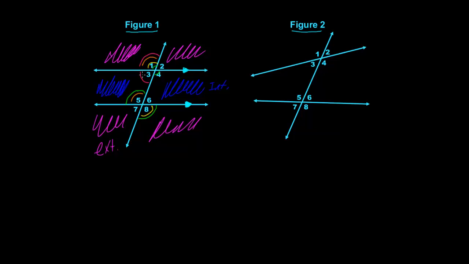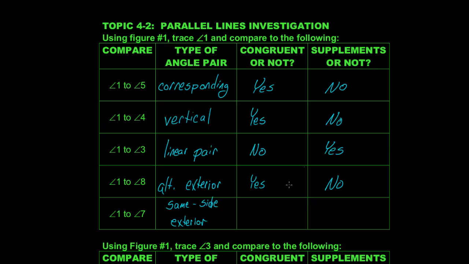They are supplements. So knowing that, would 1 and 7 now be supplements? And in that case, they would be. So if they're supplements, we can say yes here. And if they're supplements, they will not be congruent, because we know that 1 and 3 right here are not congruent. So 1 and 7 will also not be congruent.